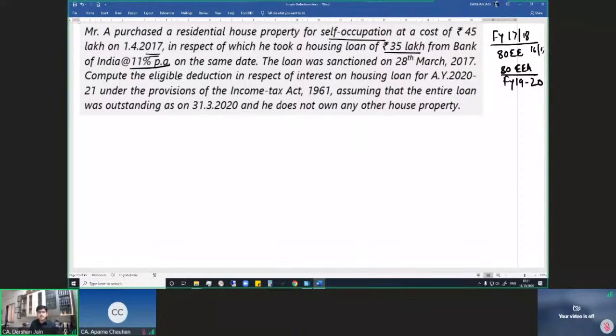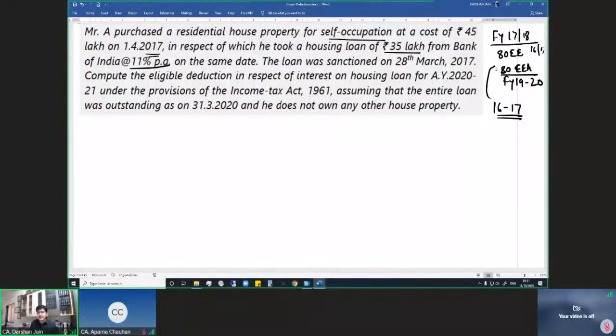This information is critical here. What it says is the loan was sanctioned on 28th of March 2017, and therefore the loan was sanctioned during 16-17.